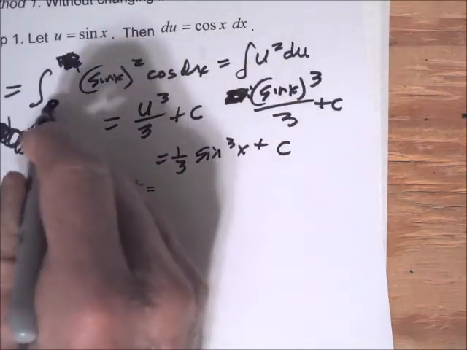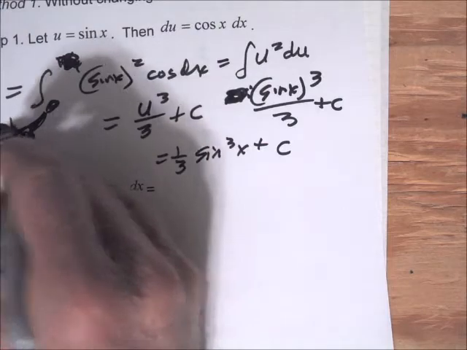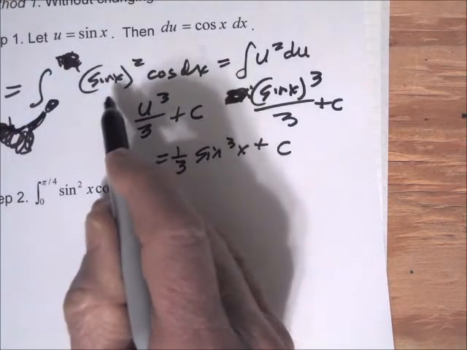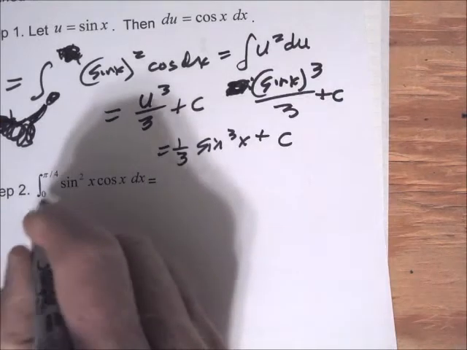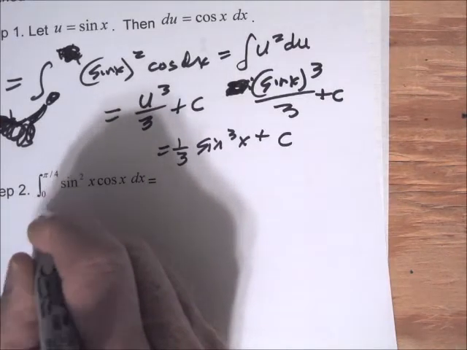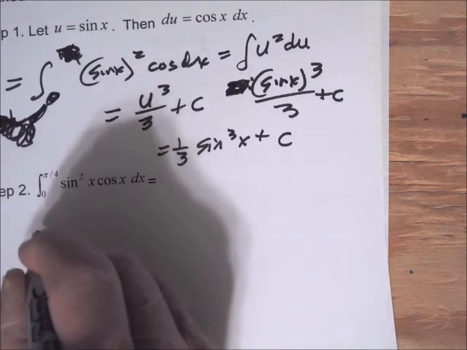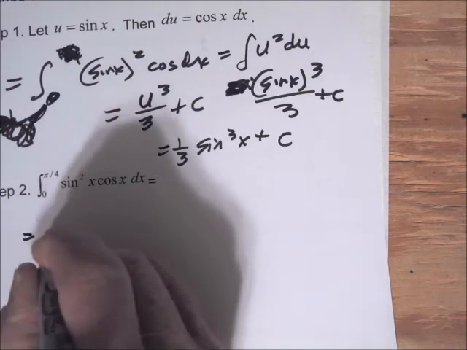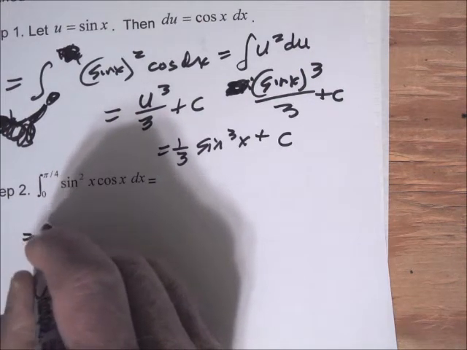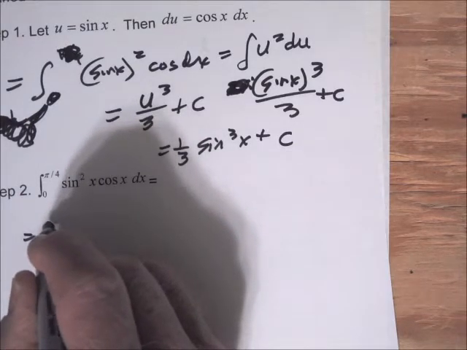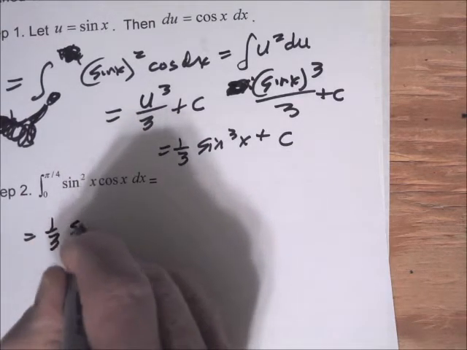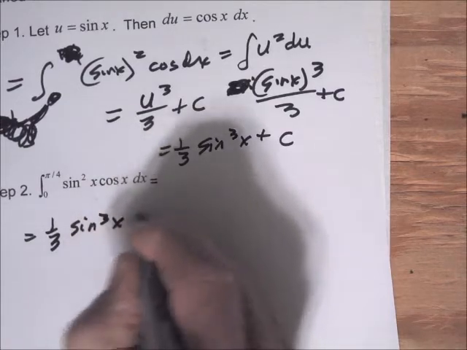Step 1 was to find an antiderivative, and in step 2 we can rewrite the definite integral now as 1/3 sine cubed x.